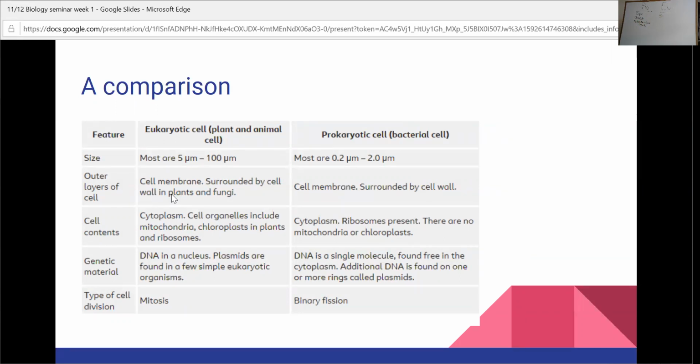So bacterial cells do not have mitochondria, or, sorry, chloroplasts.